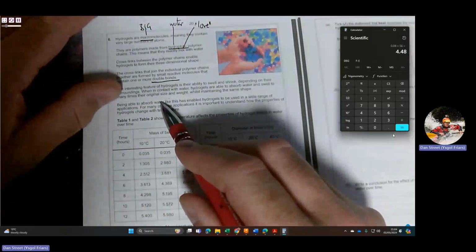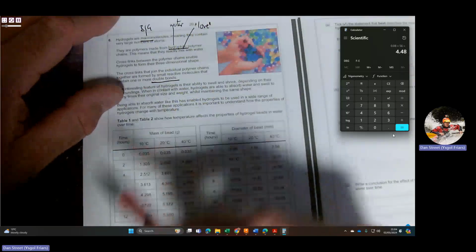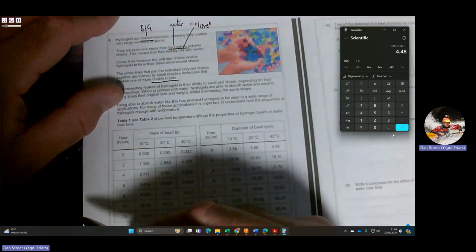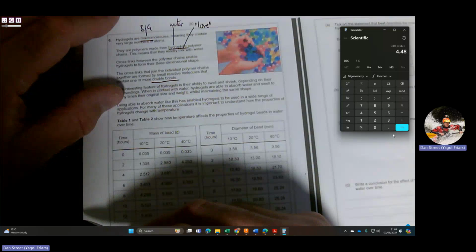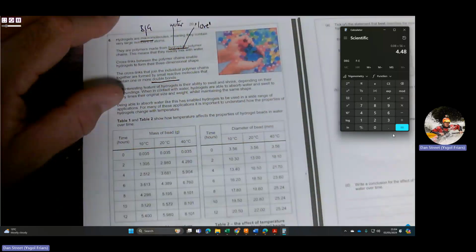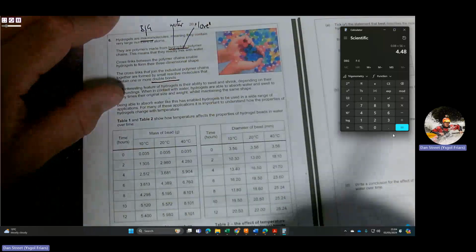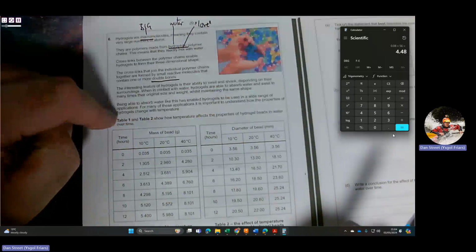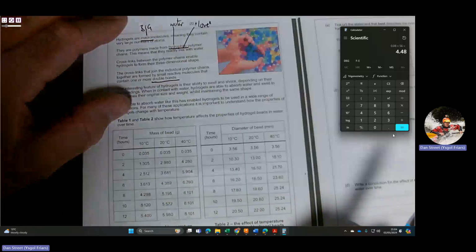When in contact with water, hydrogels are able to absorb water and swell to many times their original size and weight, whilst maintaining the same shape. Being able to absorb water like this has enabled hydrogels to be used in a wide range of applications. For many of these applications, it is important to understand how the properties of hydrogels change with temperature. Table 1 shows how the temperature affects the properties of hydrogel beads in water over time.